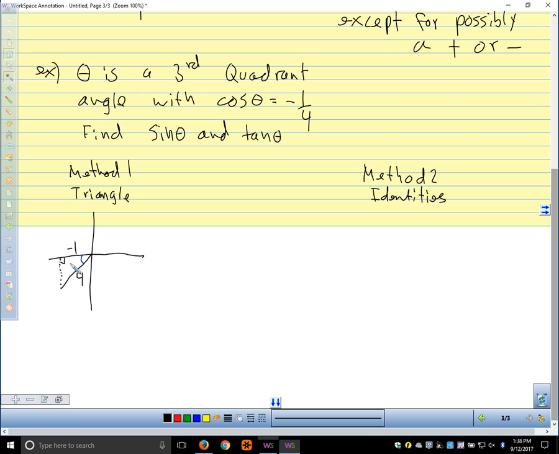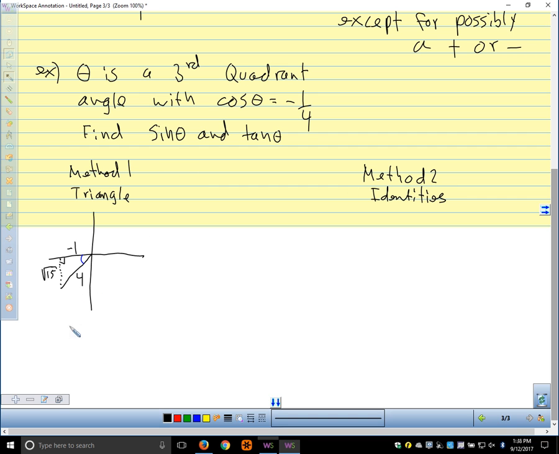And we can use the Pythagorean theorem to figure out that third side. So what's that going to be? Square root of 15. Remember, we're finding a leg of the triangle, not the hypotenuse, so we have to subtract: 4 squared minus 1 squared. So that's square root of 15, and we're set.